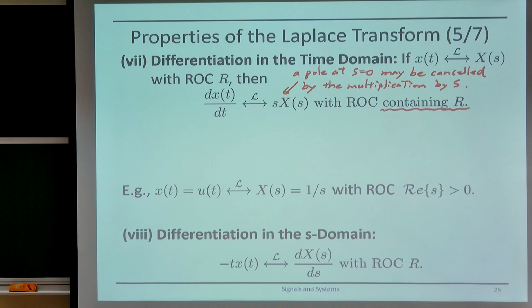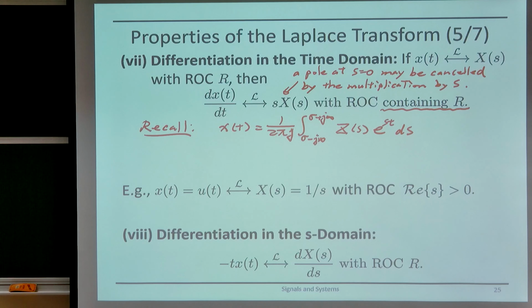Now, the derivation of this is quite straightforward. It follows directly from the form of the inverse Laplace transform. If you recall from before, the inverse Laplace transform gives you x of t equal to 1 over 2 pi j times the integral from sigma minus j infinity to sigma plus j infinity of X of s e to the st ds.